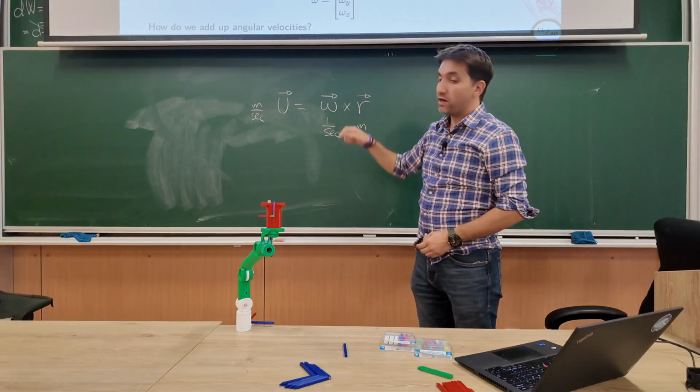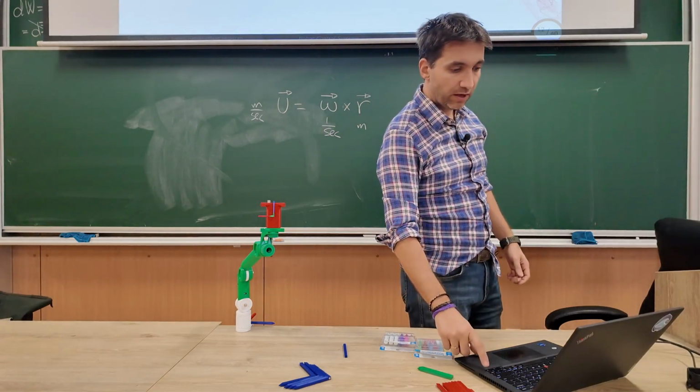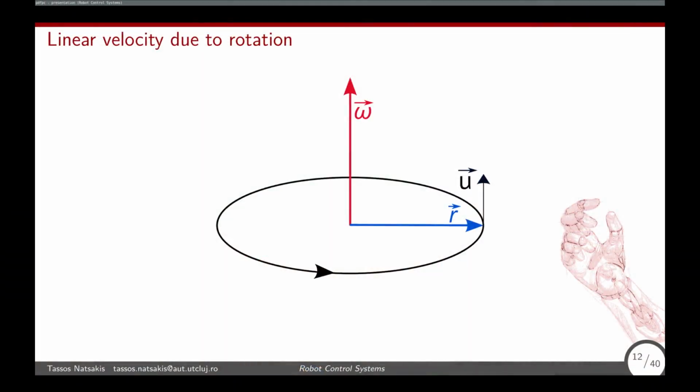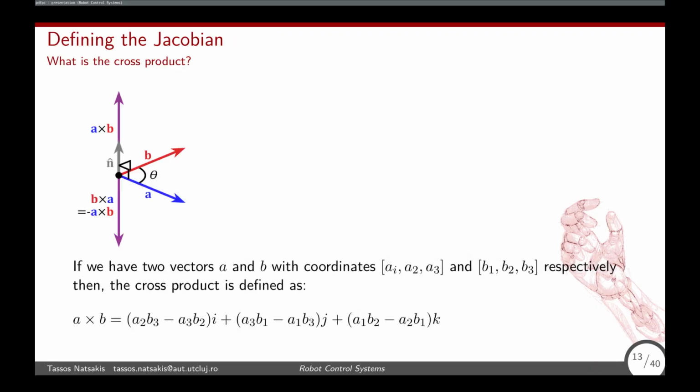Using this cross product, I can calculate basically what is the vector of the linear velocity. All right? Have you ever heard of cross product before? Probably you did. Short reminder, this is how we calculate the cross product.